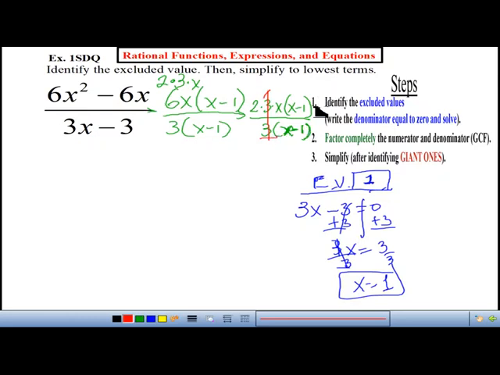The x minus 1's are also. So what do we have left? The 2 and the x in the numerator. What do we have left in the denominator? Nothing, but it's really 1 times 1. What is 1 times 1? 1. So we end up with 2x over 1, or in other words, 2x. Hands if you got that.